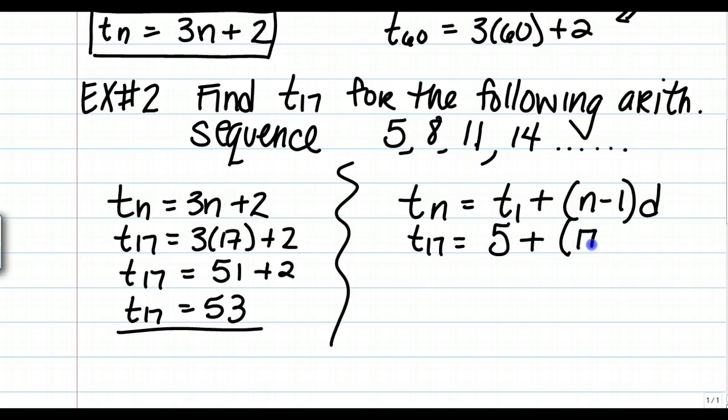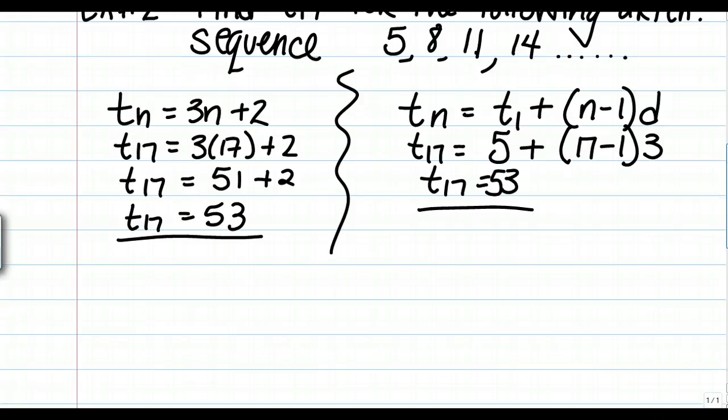I'm finding the 17th term. And we know that there's a difference of 3, so you're adding by 3 every time. And if you solve this out, you would still get 53. So you can do it either way. If you already have the formula, it's just easier to plug it in. If you don't, you can still use this to find the 17th term.